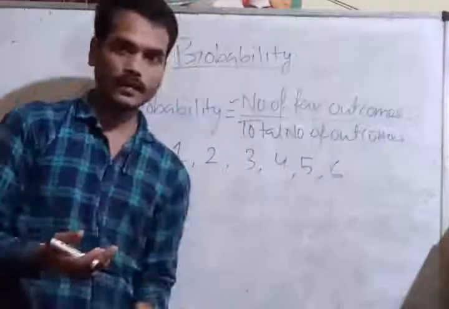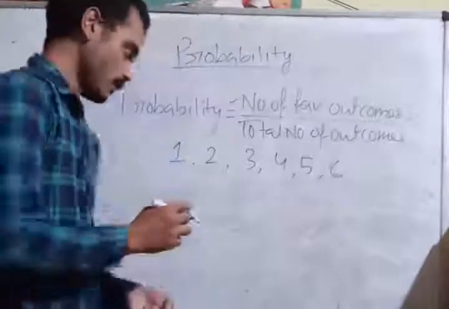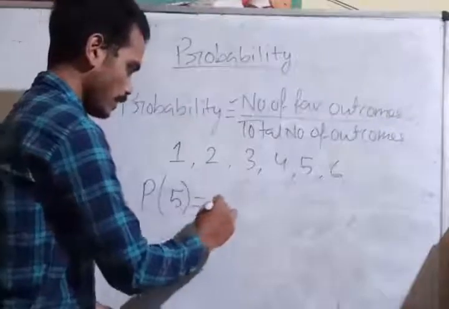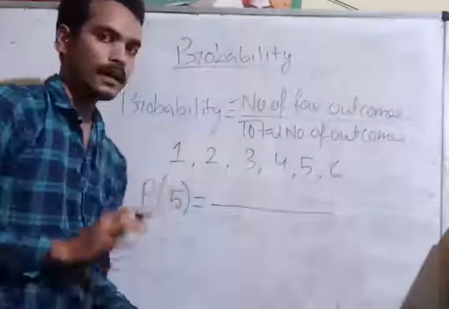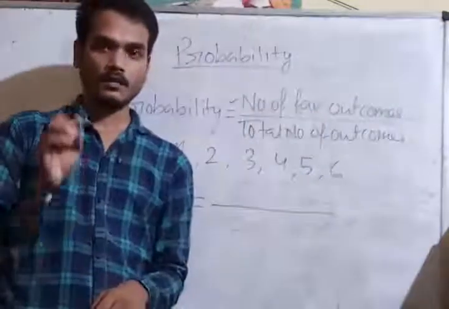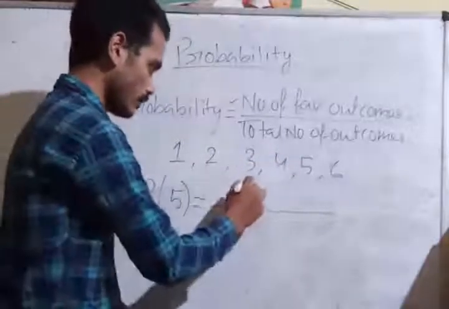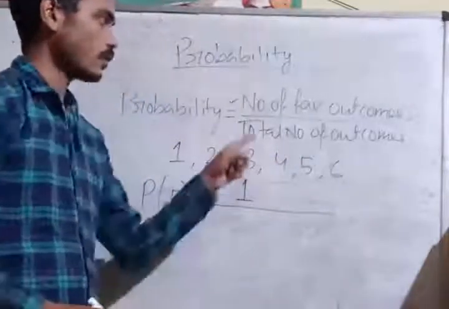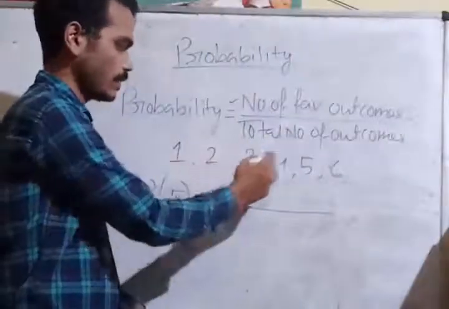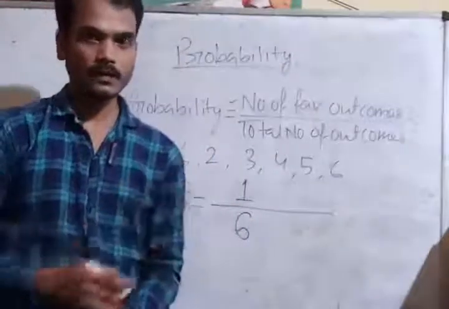After throwing the dice, if I ask you what is the probability that number 5 will come, then to find the probability of number 5, you have to see in favor of 5 how many numbers are there. This will be your number of favorable outcomes. In favor of 5, only one number is there, so this is 1. Then total number of outcomes means how many numbers are there in the dice: 1, 2, 3 like this, 6. So this is 1 by 6. This is the way we can find the probability.